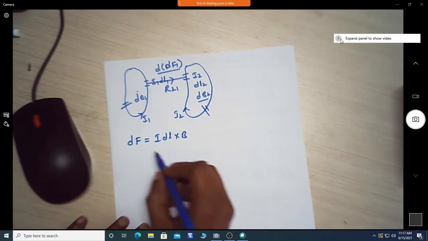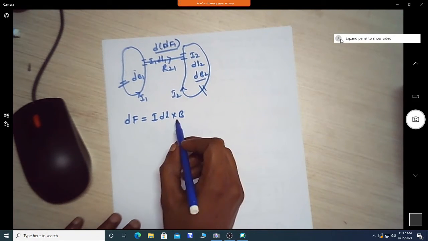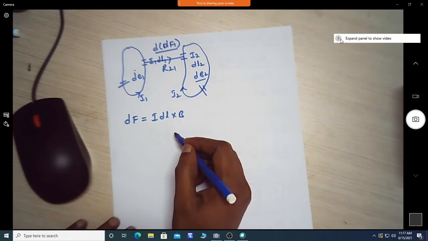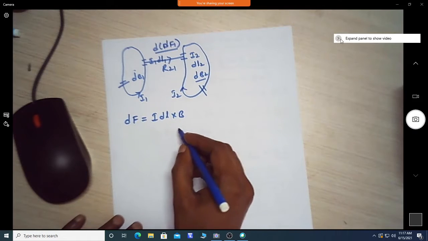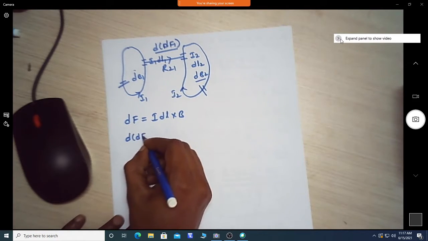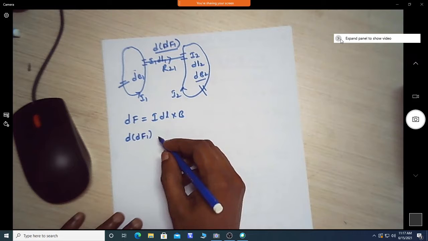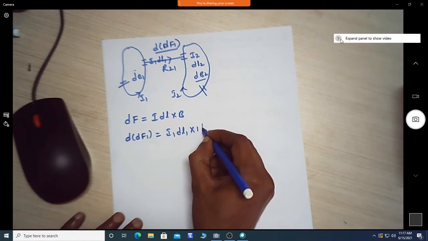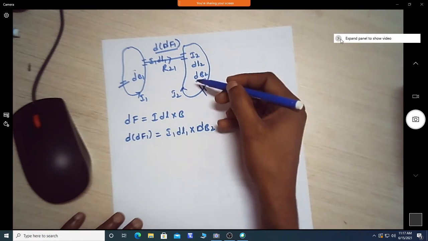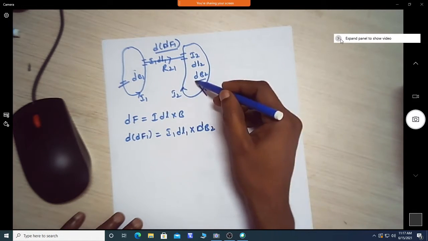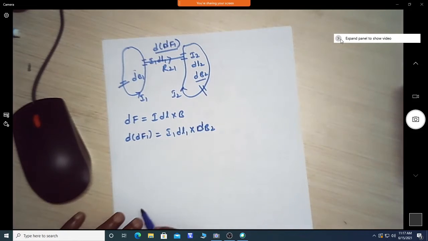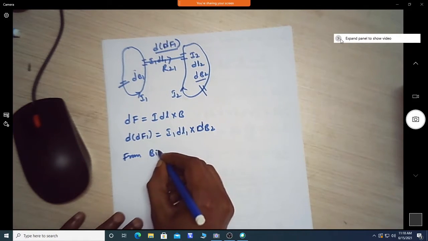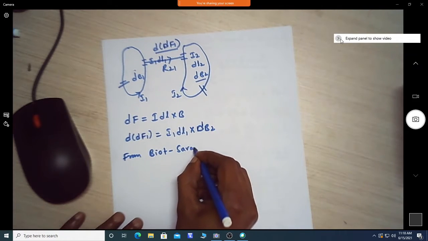Now we know the equation which we defined just now, the force due to a current element. So the differential force due to element 1 we can write as I1 dl1 cross dB2, because the force exerted on 1 is from the magnetic field of 2.